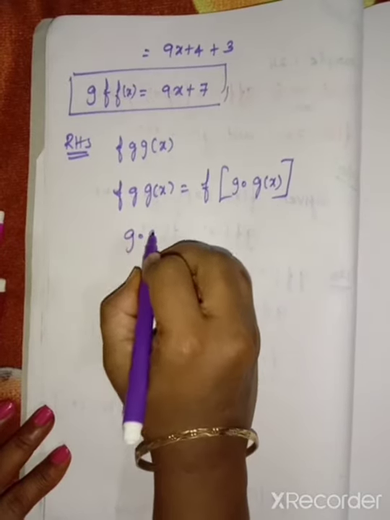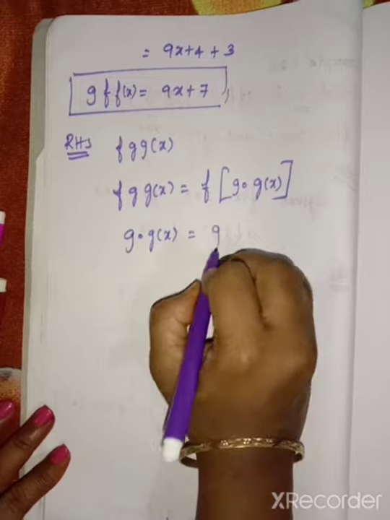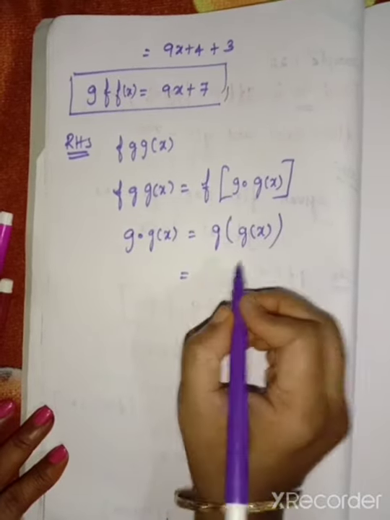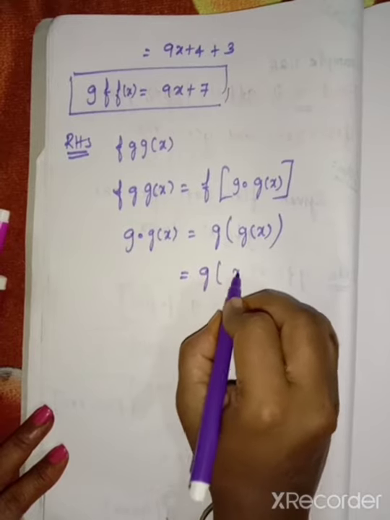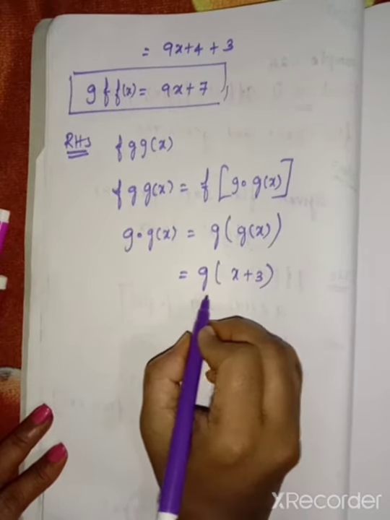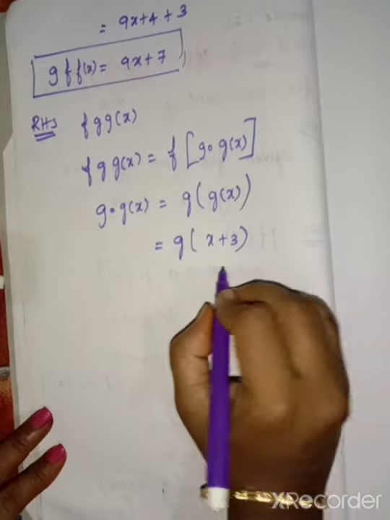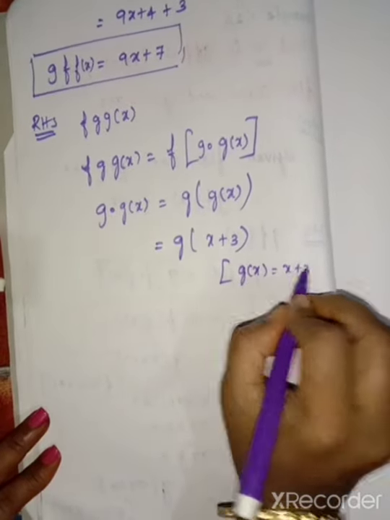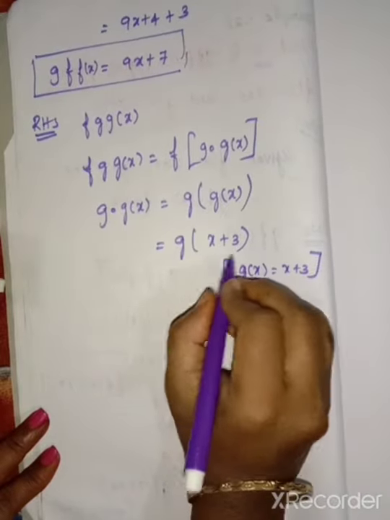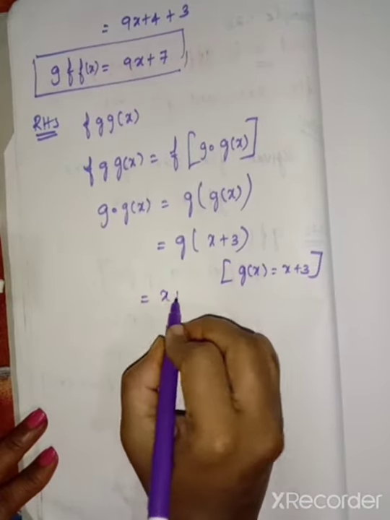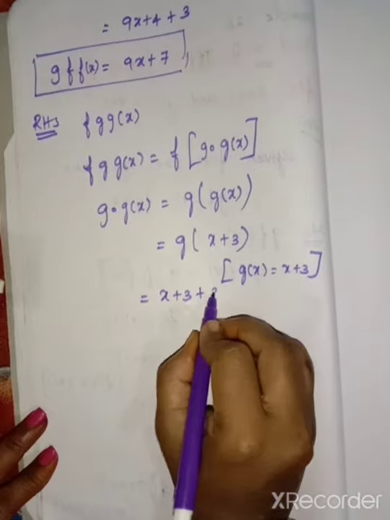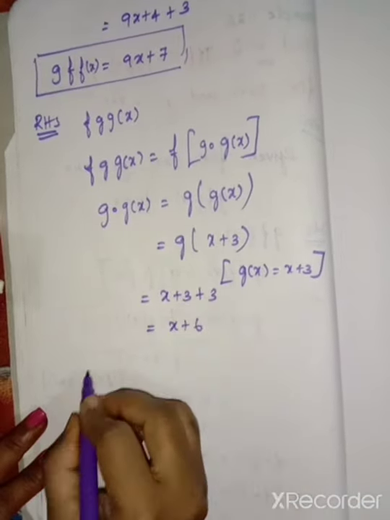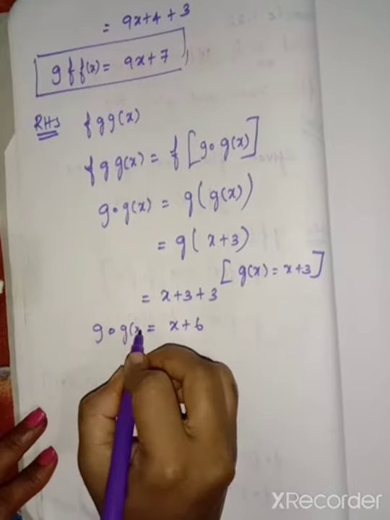So g of x is x plus 3. Here the function is g, so we use g of x equals x plus 3. In place of x we substitute x plus 3. That means x plus 3 plus 3, so 3 plus 3 is 6. This is g of x.